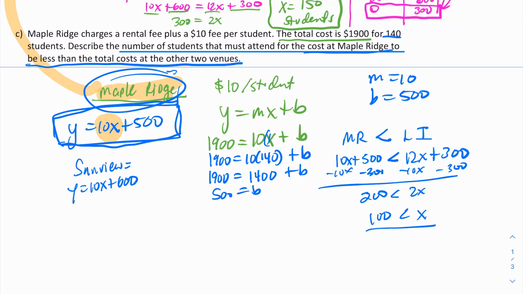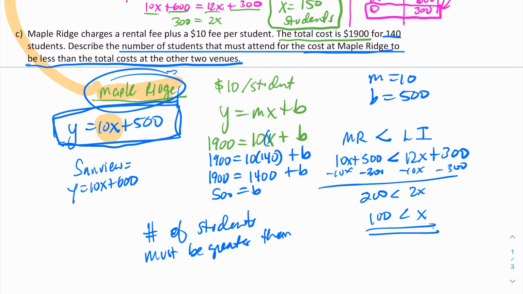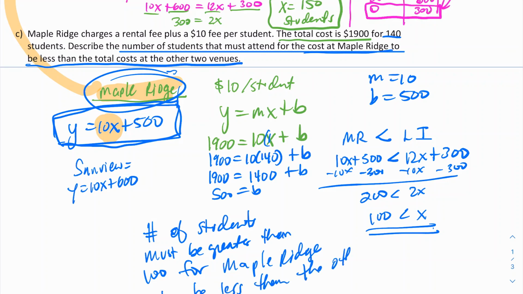So x needs to be greater than 100. X stands for the number of students, so that means the number of students must be greater than 100 for Maple Ridge to be less than the other two venues. And that's your final answer for that part.